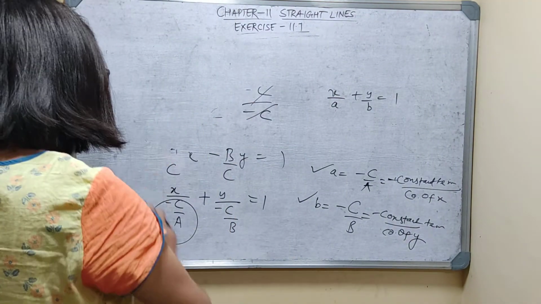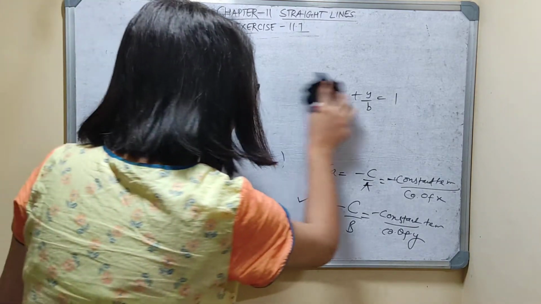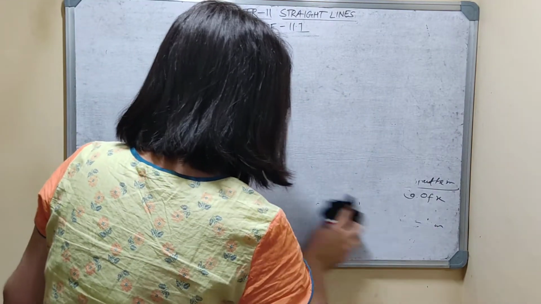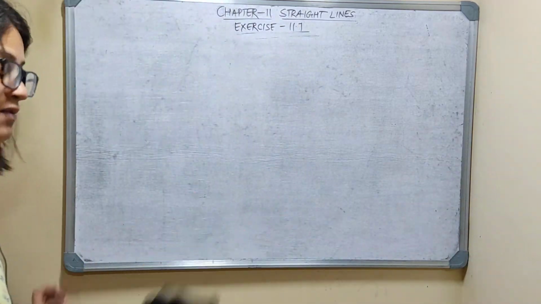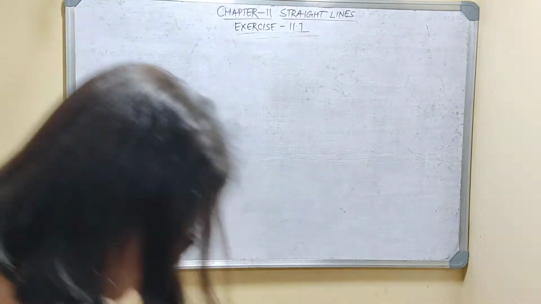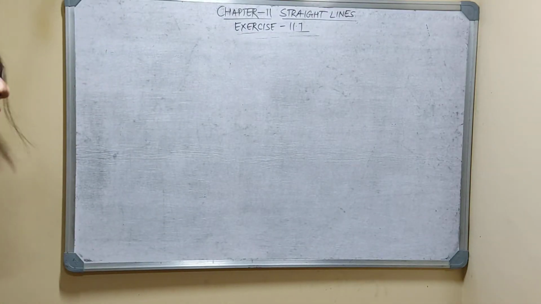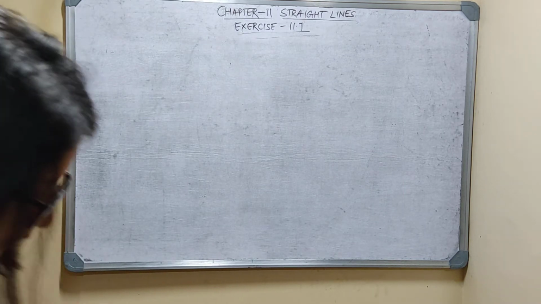Now, first we change it into y is equal to mx plus c form. Then we change it into intercept form, x upon a plus y upon b is equal to 1. In the first one, the slope m is equal to minus the coefficient of x upon the coefficient of y, and the intercept was minus the constant term upon the coefficient of y.